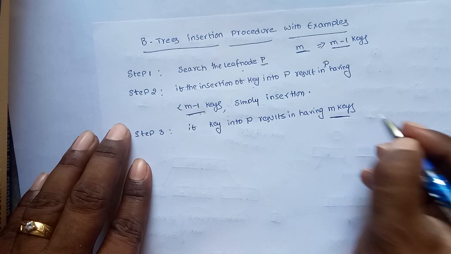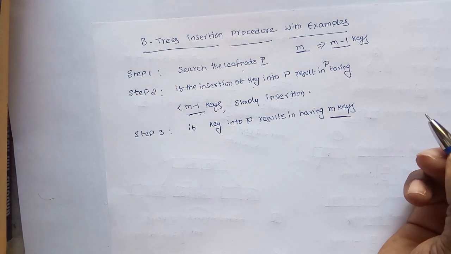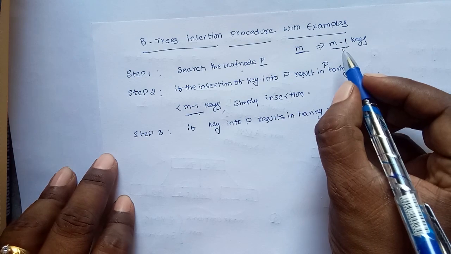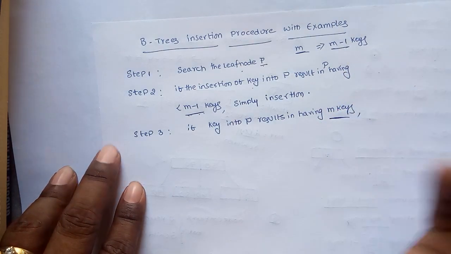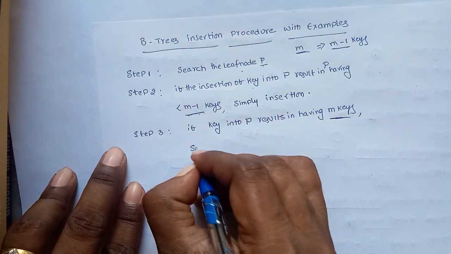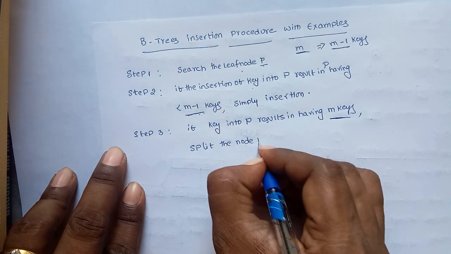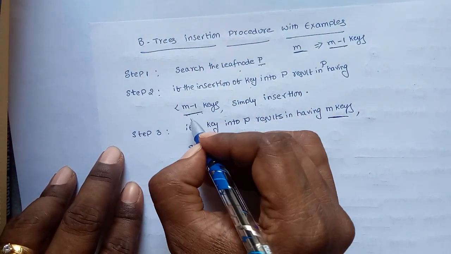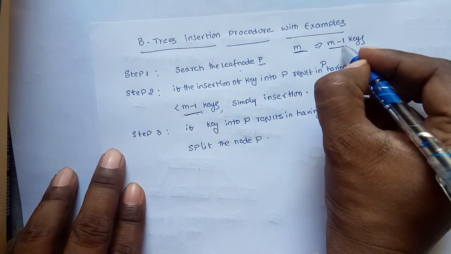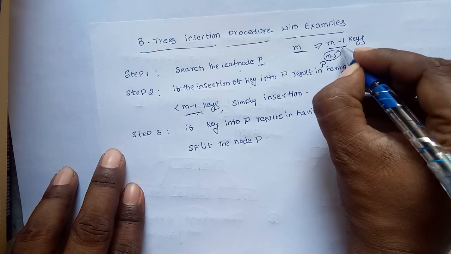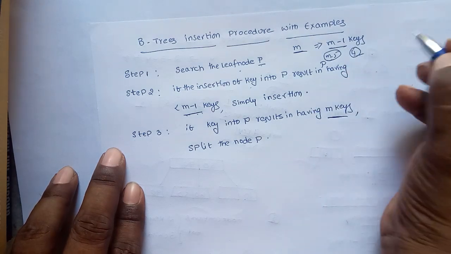If it contains m keys, that means it violates the property. Then what we have to do? Split the node P. Okay, simple procedure. Suppose m is equal to 5, so m minus 1 means 4 keys are allowed.